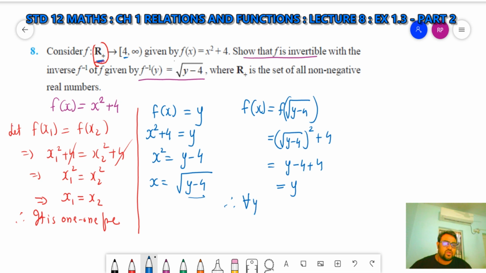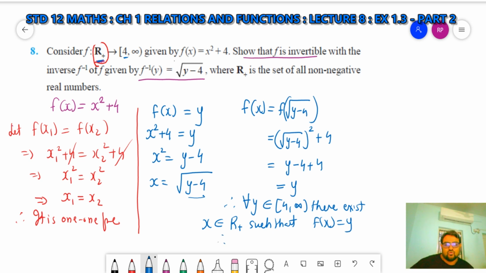Therefore, for every y belonging to the codomain, that is 4 to infinity, there exists x belonging to the domain such that f(x) is equal to y. Therefore, it is an onto function.